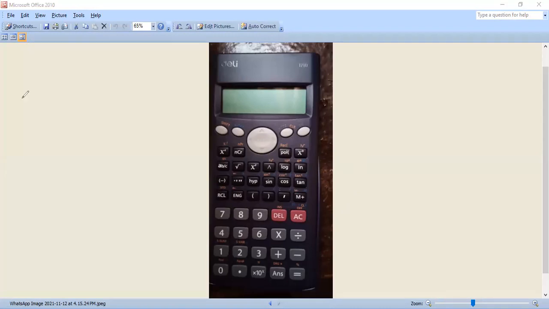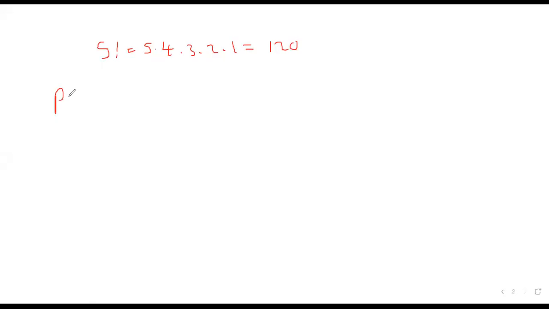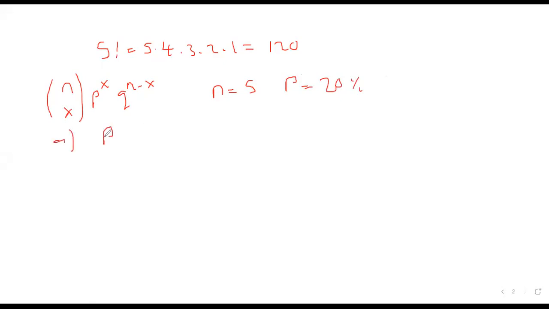The formula for binomial is n combination x, p to the power x, and q to the power of the difference, n minus x. So if you're given n as 5 and p as 20%, let's find a: the probability of x equal to 0, 1, 2, and 3.